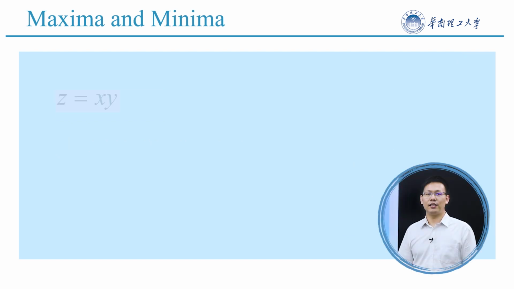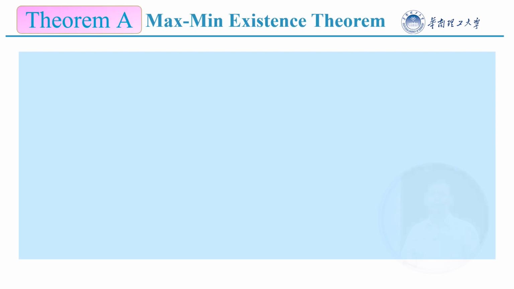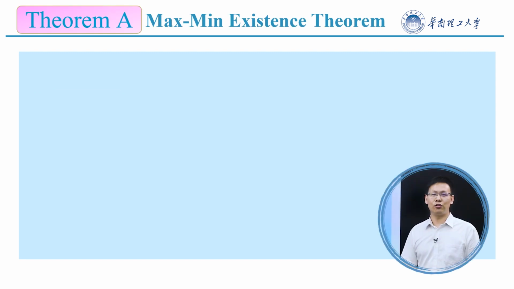For the function z equals xy, it is a saddle surface. In some neighborhood of (0, 0), some functional values are larger and some are less than f(0, 0). So z has no extreme value at this point. Then, when a function has an extreme value at some point, here we give the existence conditions, the max-min existence theorem.